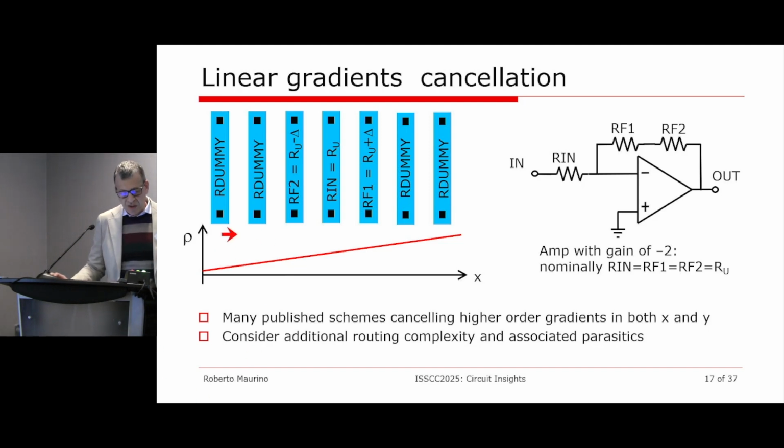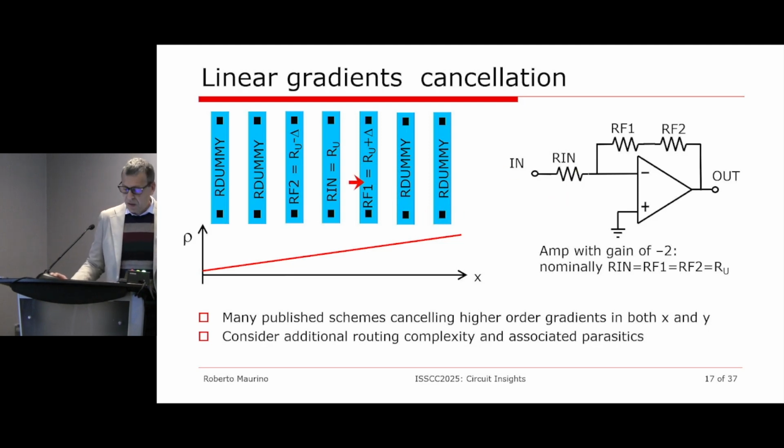So for instance, here we have a simple example of an array of resistors, and you may find that the resistivity of the resistor is changing linearly across the array. So if you want to implement an amplifier with a gain of -2, you find that the resistor on the left is always a bit smaller than the resistor on the right.